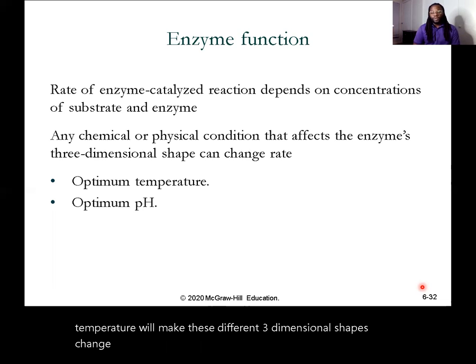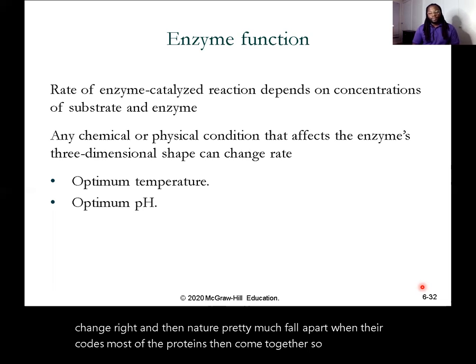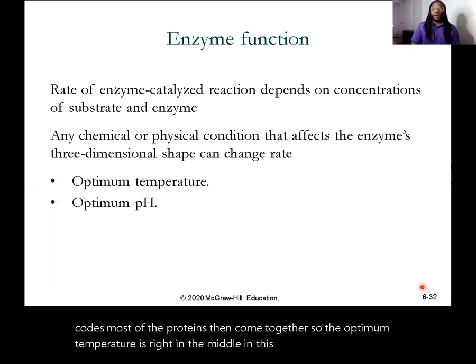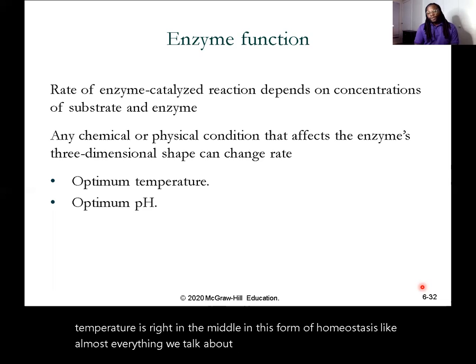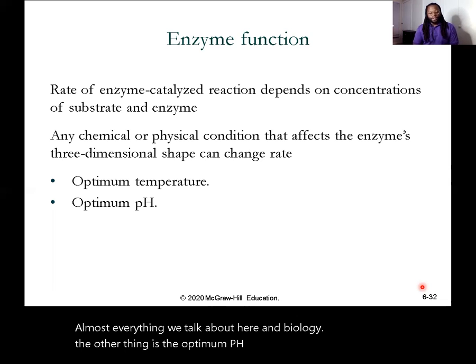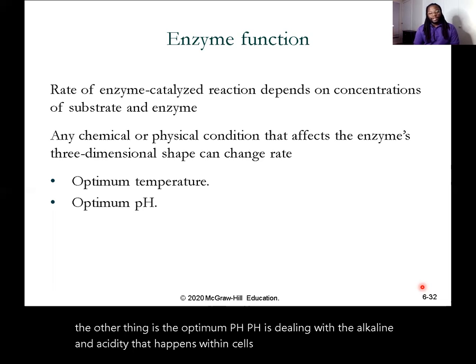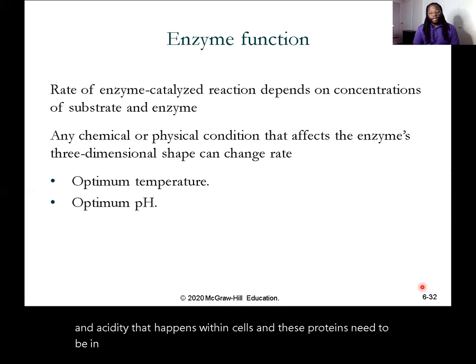And denature and pretty much fall apart. When they're cold, most of the proteins then come together. So the optimum temperature is right in the middle, in this form of homeostasis, like almost everything we talk about here in biology. The other thing is the optimum pH. pH deals with the alkalinity and acidity within cells, and these proteins need to be in a nice, comfortable, neutral pH.